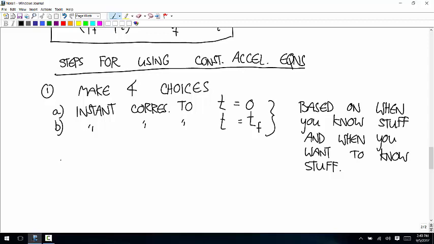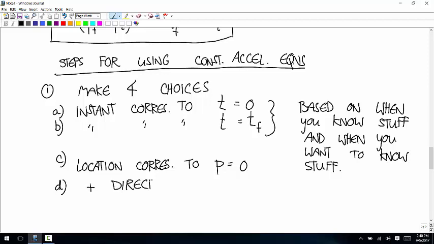And then the second two are related to positions. You have to choose the location corresponding to position equals 0, and the positive direction. Those two choices about times are totally crucial.